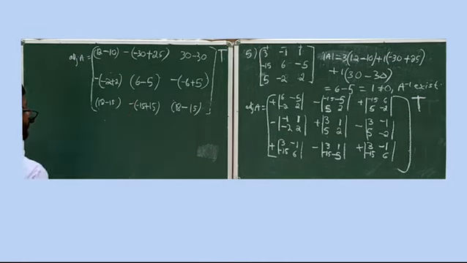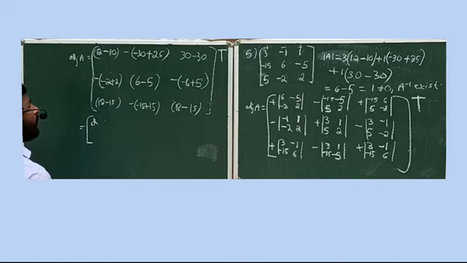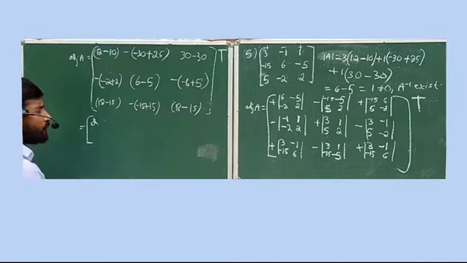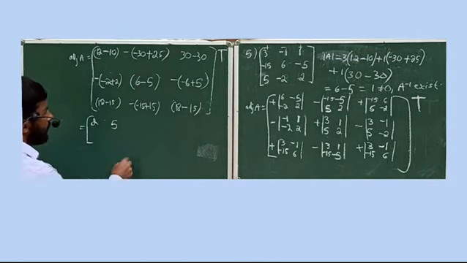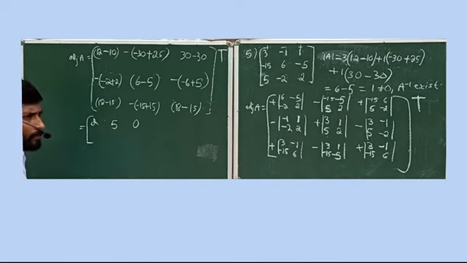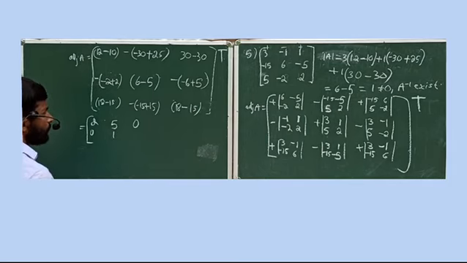Now simplify. 12 minus 10 is 2, minus 30 plus 25 minus 5, but minus outside, so plus 5. 30 minus 30 is 0. Minus 2 plus 2 is equal to 0, minus into 0 is 0. 6 minus 5 is equal to 1.